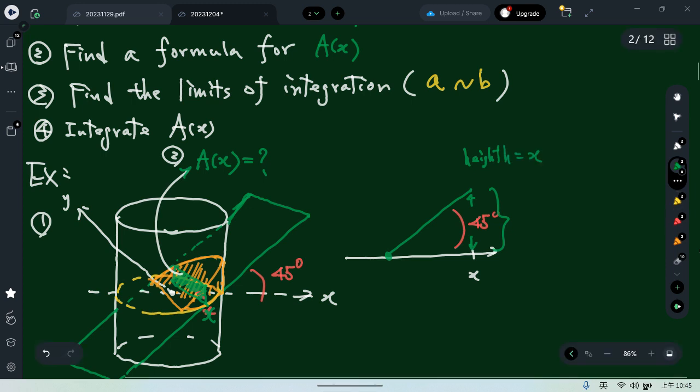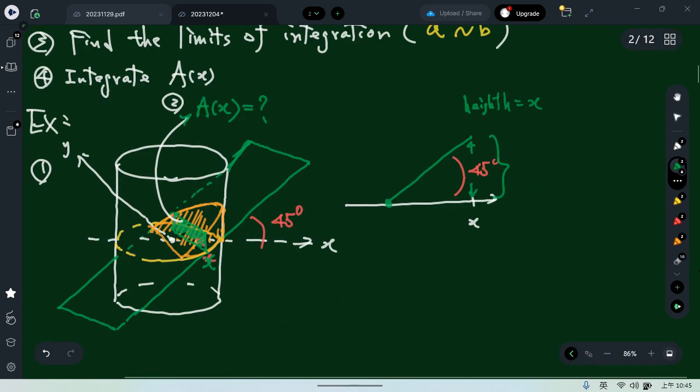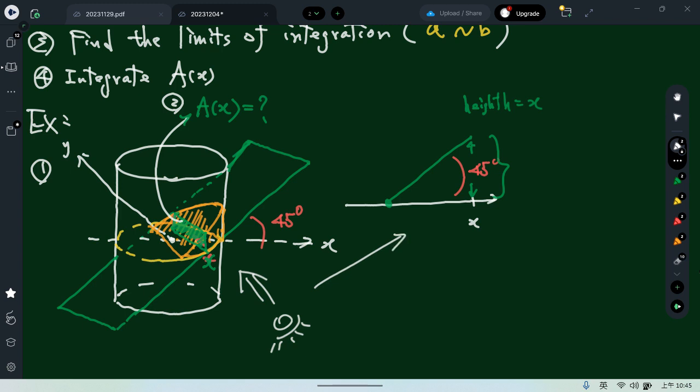If x is here, then this is from this angle. If your eyes are here, then you can get this one.